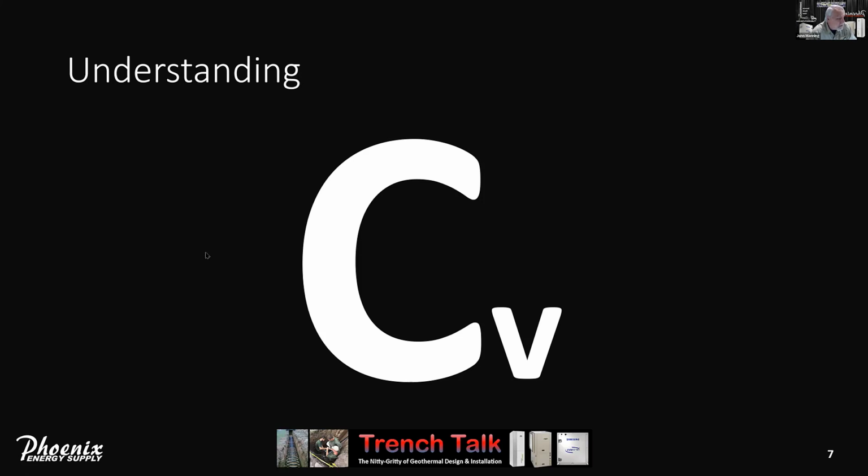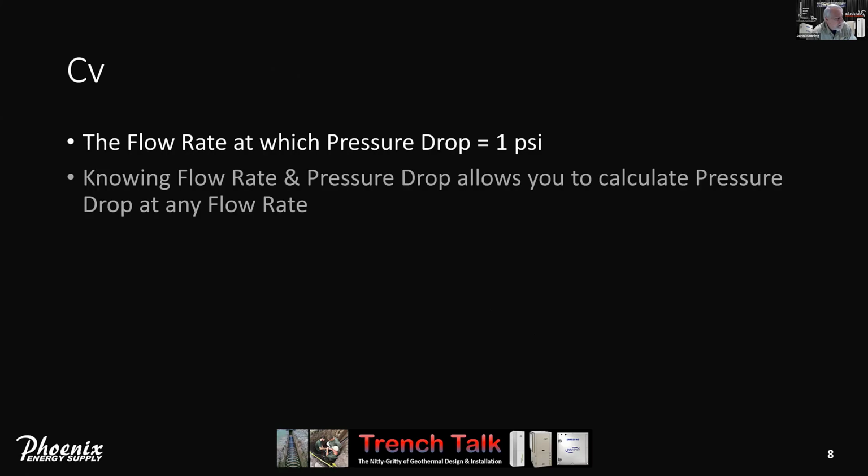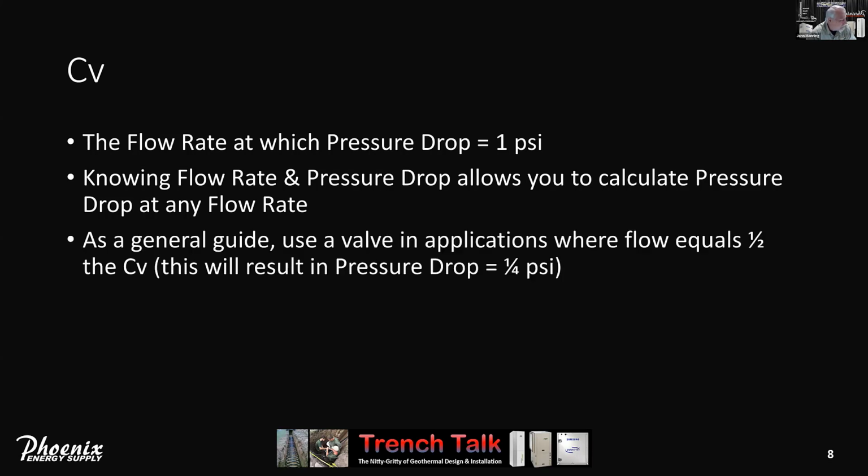And I'll just quickly go through some of the basics. CV is the flow rate at which pressure drop equals 1 PSI. Knowing that flow rate and the pressure drop of 1 PSI allows us to calculate a pressure drop at any flow rate using the formula we just showed you.